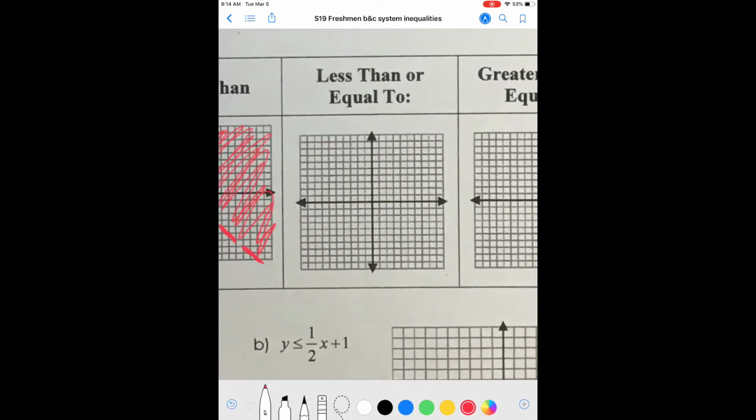Now, because we have or equal to on the third one, we've got less than still, but then we've got a little line underneath saying or equal to. The or equal to is telling us that it's a solid line, but we are still shading underneath the line because it's less than.